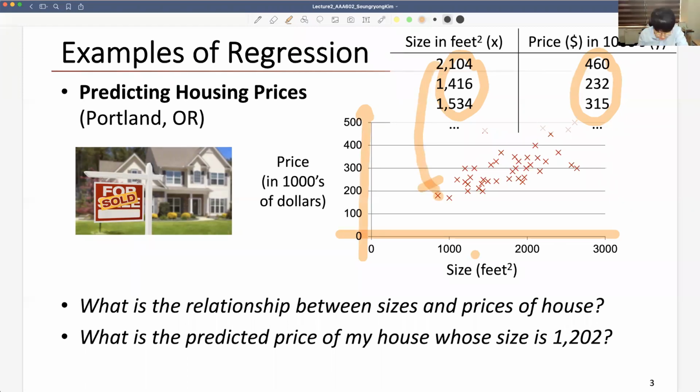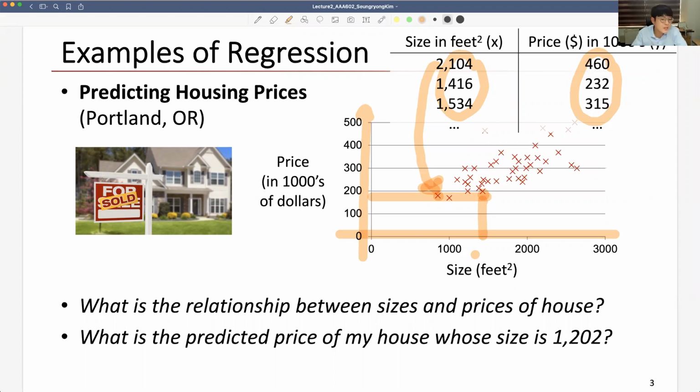Here, we want to answer the following questions. The first one is, what is the relationship between the size of the house and the price of the house? For example, when you think about this sample, whose size was here and whose price was here, we want to find out the relationship between the size and price of the house.